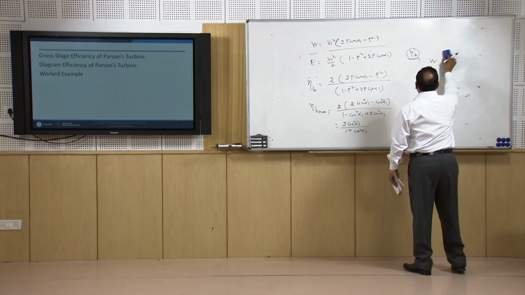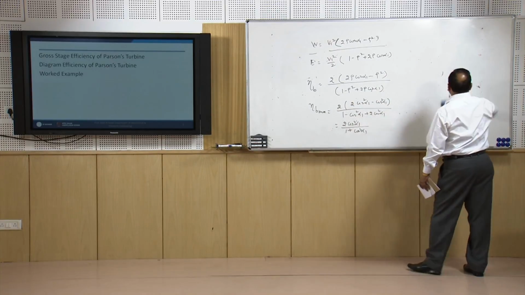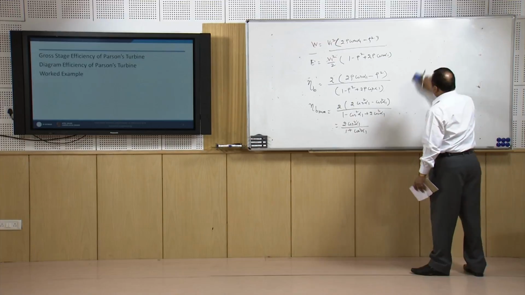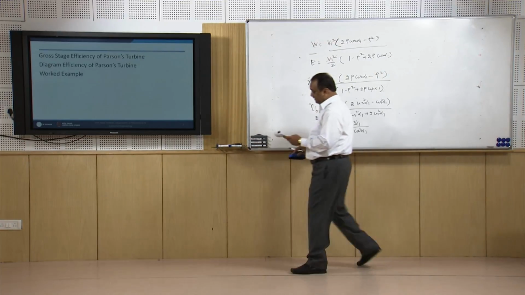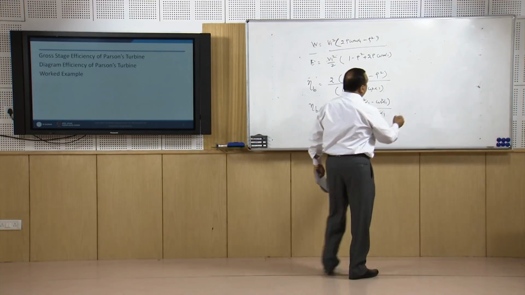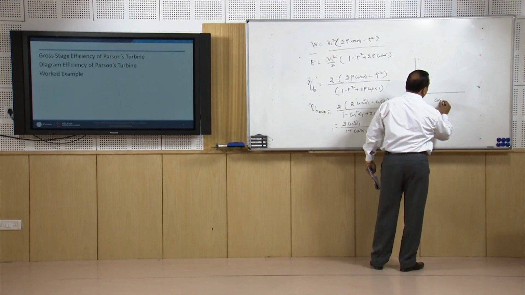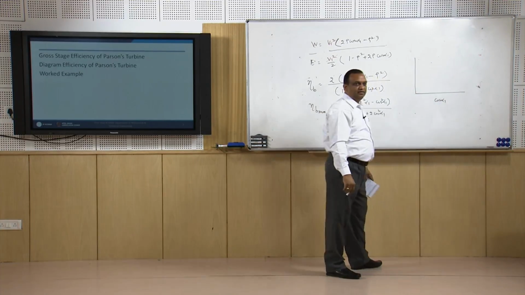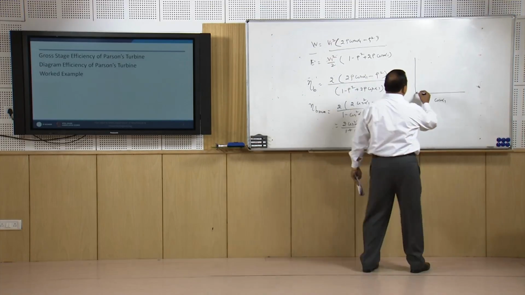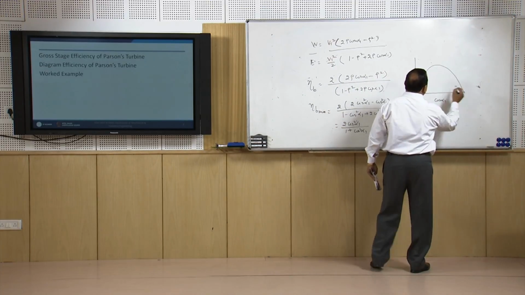Now here if we compare the efficiencies of impulse reaction and impulse turbine, then on the x axis if we take cos alpha 1, so the maximum efficiency for impulse turbine is like this.